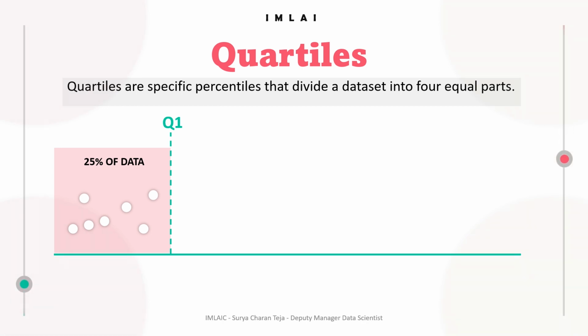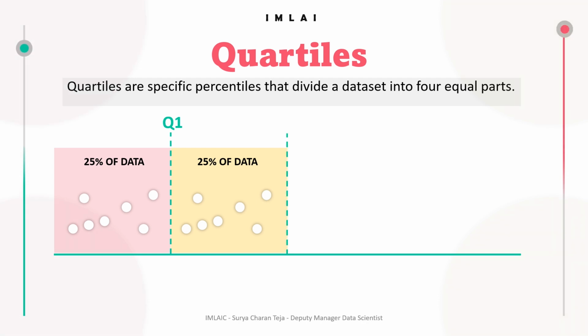And we have the second quartile. Again, it holds another 25% of data, so in total the second quartile, or quartile 2, holds 50% of the data. 25% of data plus 25% of data, a total of 50% of data, falls below this value, which is known as the 50th percentile, which is nothing but quartile 2 or the second quartile.